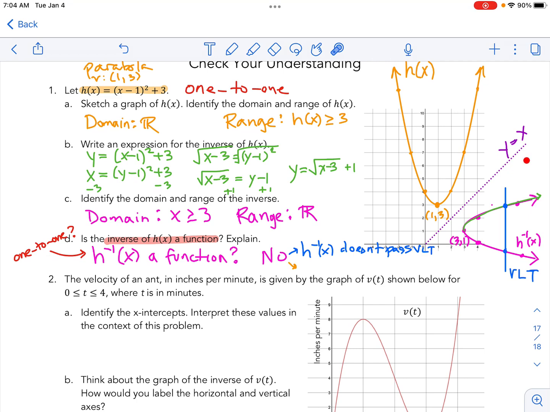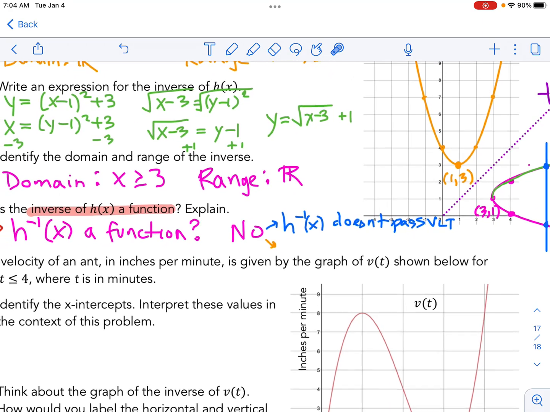But there's another way to look at that without even having to draw this. We can look at this and say, well, if this is the inverse and we're looking at the vertical line test, and we know the inverse is swapping the x's and the y's, then this vertical line test becomes a horizontal line test on the original function, right? Swapping x's and y's. Vertical becomes horizontal.